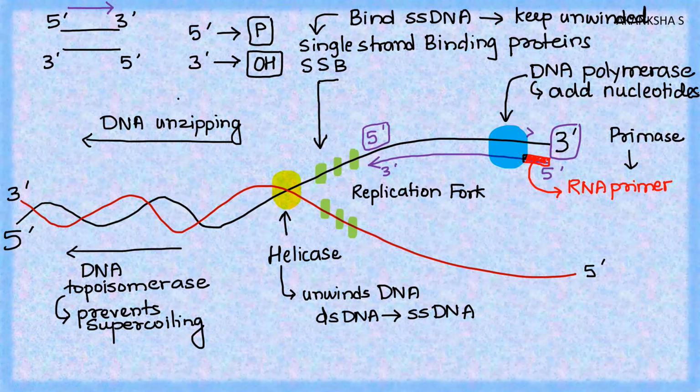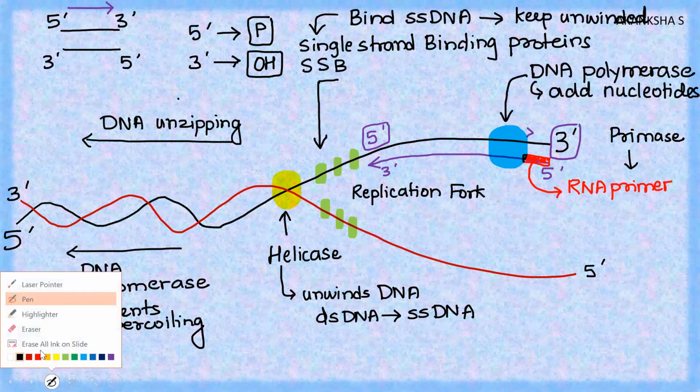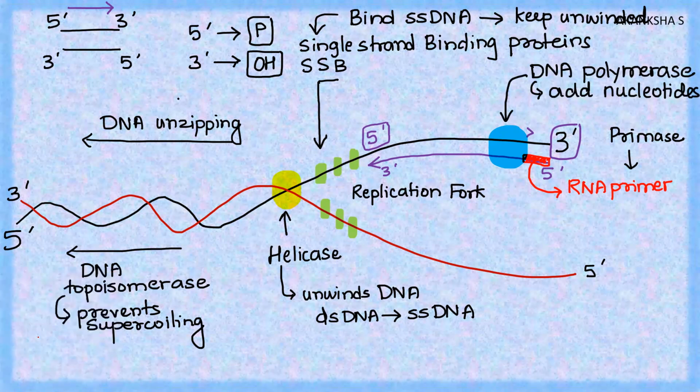Okay, if you're feeling stuck anywhere, I'll quickly repeat and clear out your concepts. First, we started with helicase, which unwinds the DNA, makes it open, keeps it open. Then we have SSB, single-stranded binding proteins, which keep your DNA that way for a long period of time. Then we discussed topoisomerase, which prevented any kind of excessive coiling on the other side.